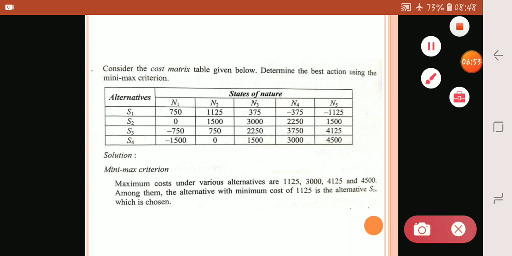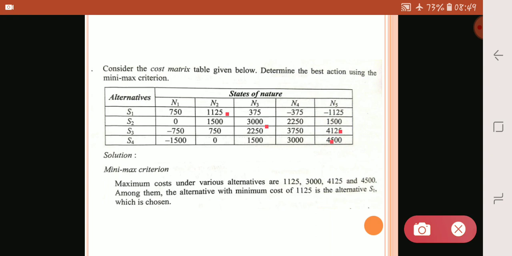minimax criterion. So from S1 the maximum value is 1125. From S2 the maximum value is 3000. From S3 the maximum value is 4125, and S4 the maximum value is 4500.